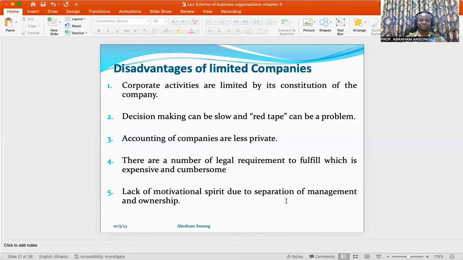That is not the case with companies. In a company, there's a separation between ownership and management, and so there is the tendency that management might just relax. After all, it's not their money, okay? Instead of working hard with passion, they can choose to just take things easy, all right? Because they are not really the owners of the company.